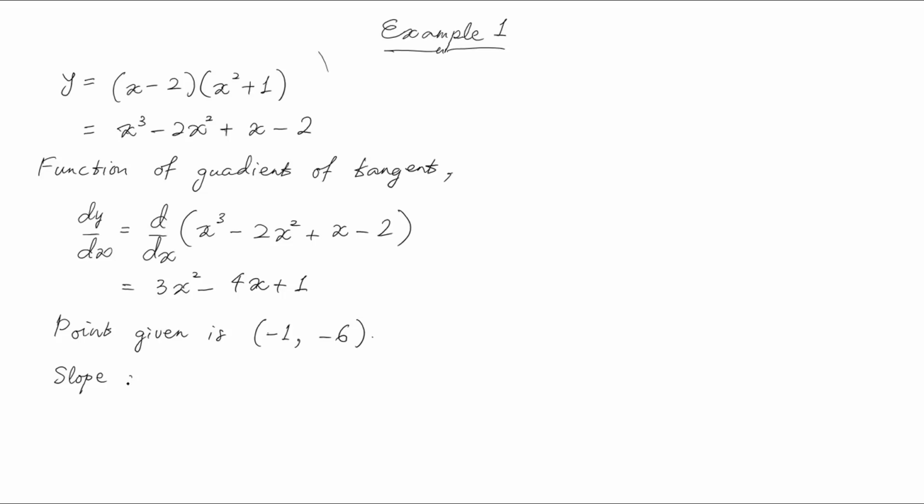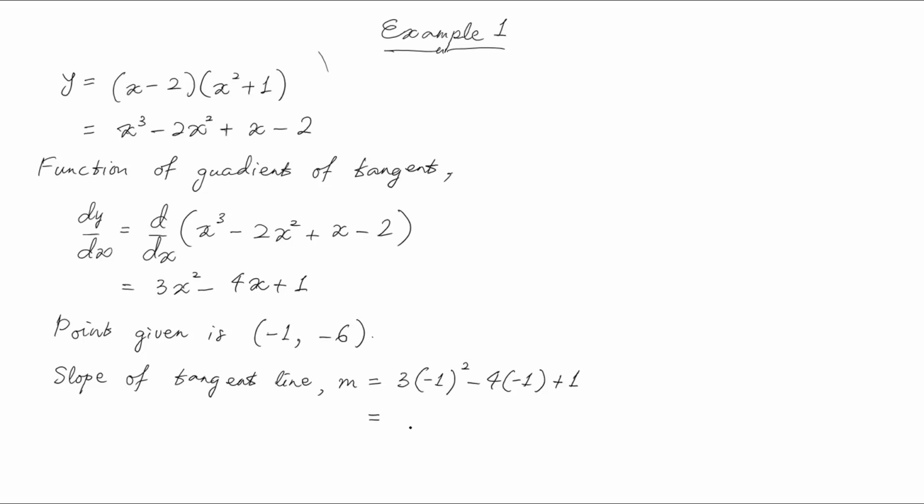So slope of the tangent, which is the m. Okay, so the m is going to be 3(-1) squared minus 4(-1) plus 1.